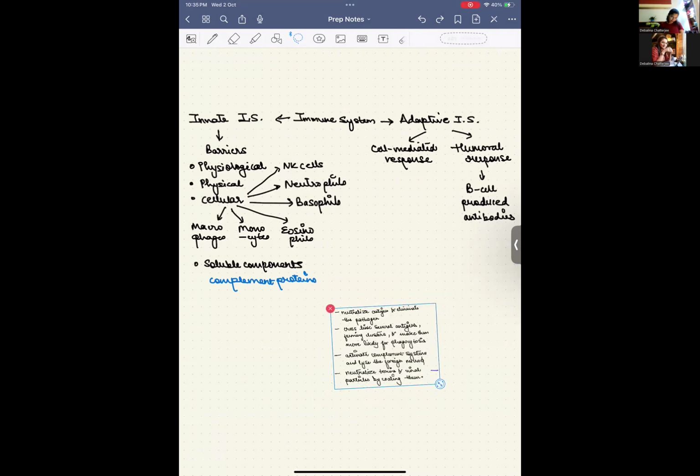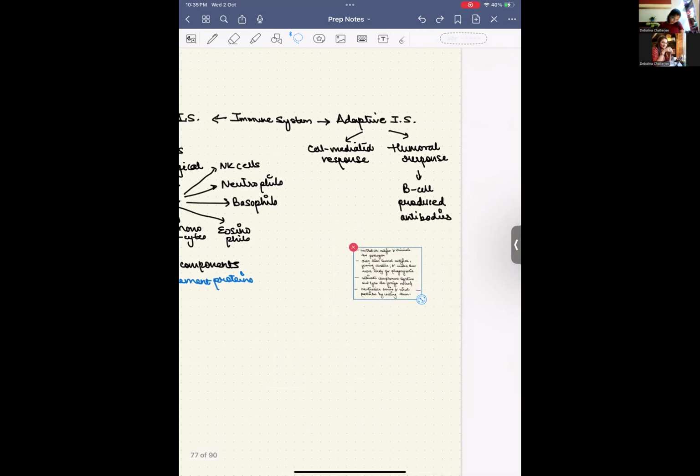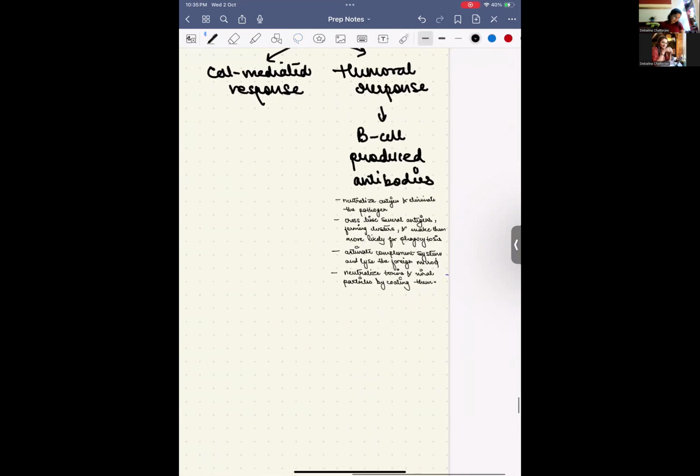So we begin our discussion, and I'm just trying to keep the same thing here so that we know what we have discussed so far. They could either neutralize the antigen. We will have a look in today's class at what neutralization of antigen means. They could cross-link several antigens.